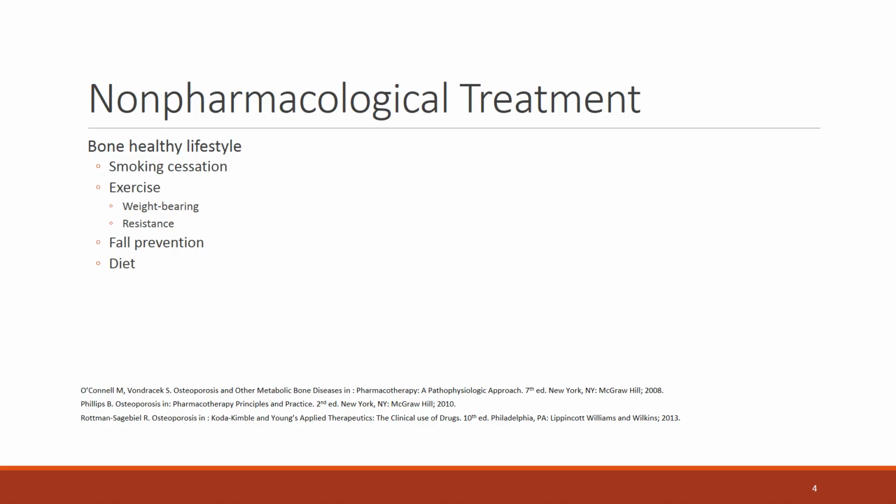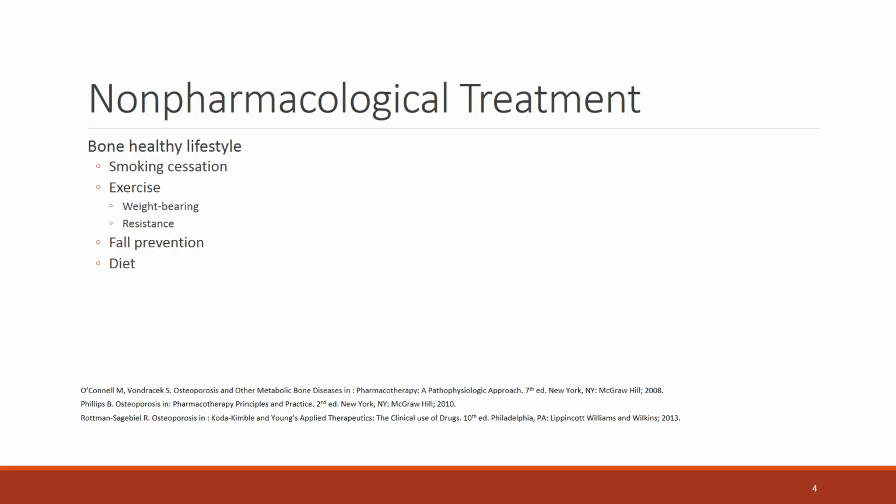Fall prevention, so whether that's working on the core to help people have good balance, as well as going into the home or talking to the patients about making sure they don't have slippery floors or carpets that can come up and that they can trip over, that they are able to get in and out of their bed or out of the bathroom easily and have guardrails or things that they need.